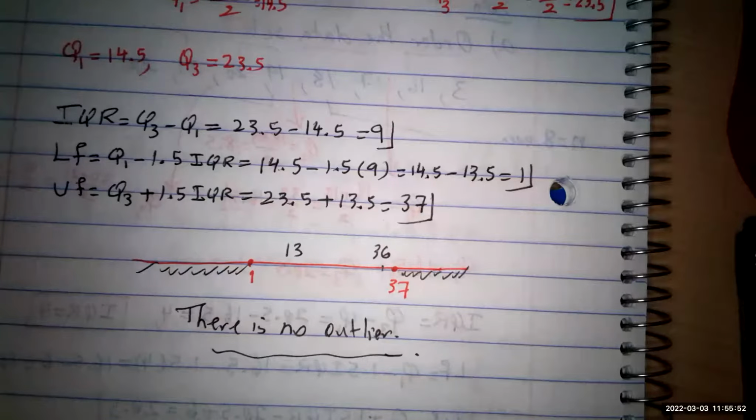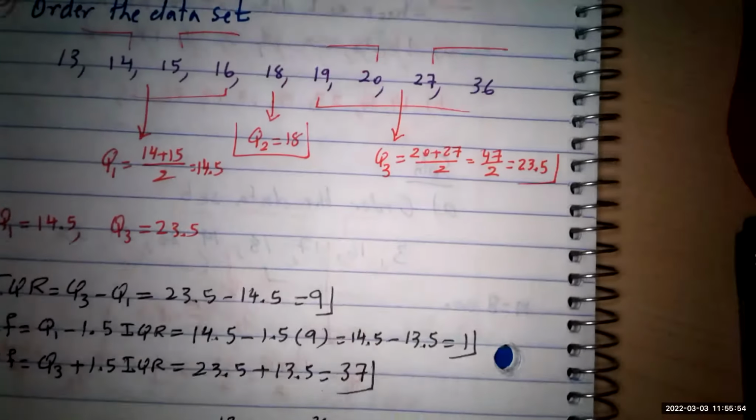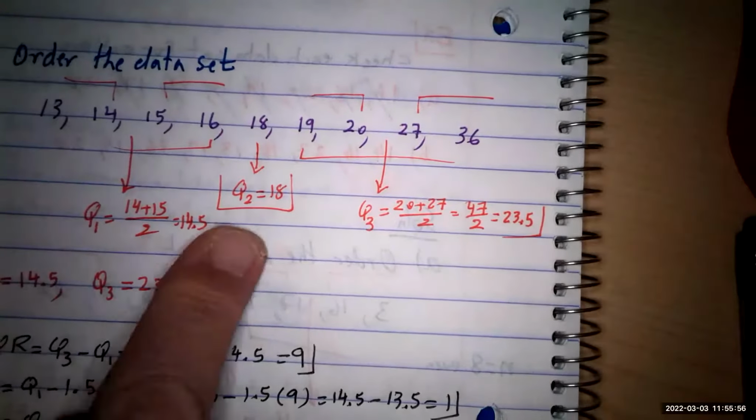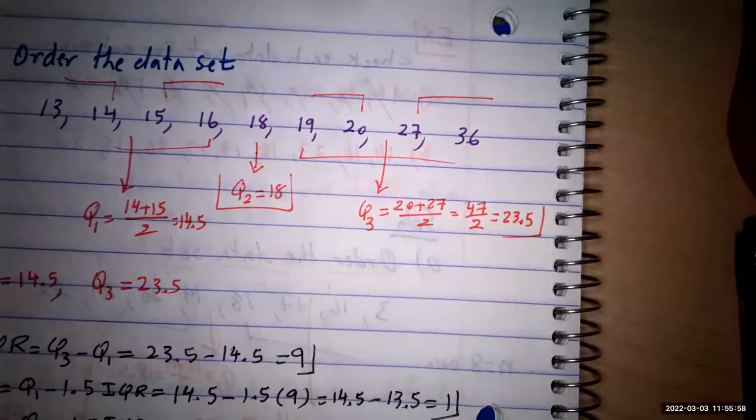It's going to be a box that involves these 3 numbers, Q1, Q2, and Q3, all together. That is called the box plot. It's very easy to construct and very easy to get the information from it.